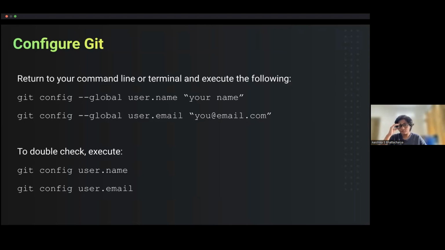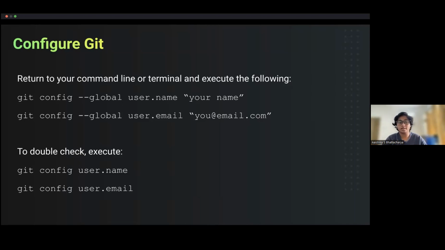Using the global flag, we are letting Git know that globally any commits generated through this specific device are going to be associated with this specific GitHub account. Using the two commands on the screen, we are setting up our username and our user email.